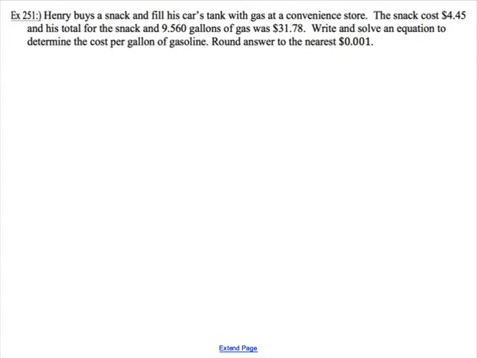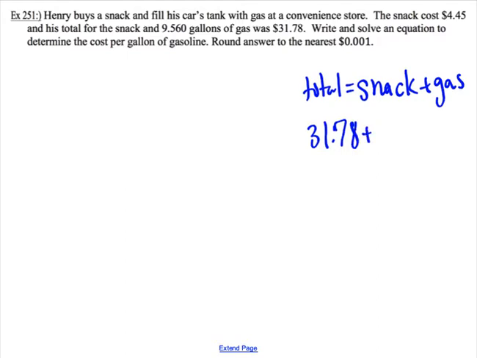All right, so setting this up, we are going to buy a snack and gas, and that will give us the total cost. Well, the total cost is $31.78. The snack is $4.45. Oh, that should be an equal sign.